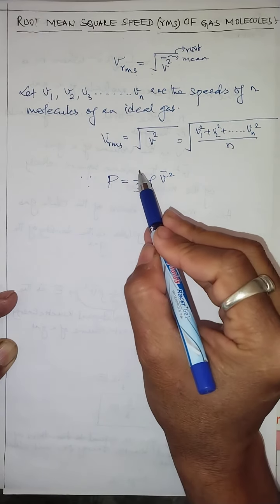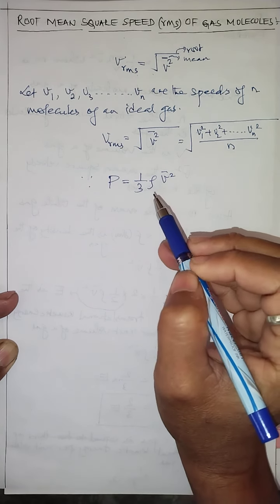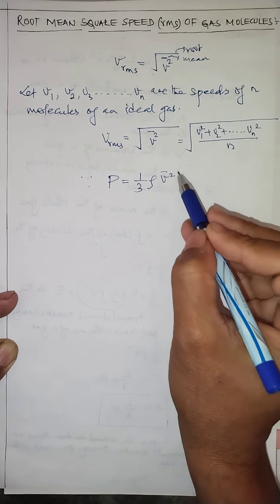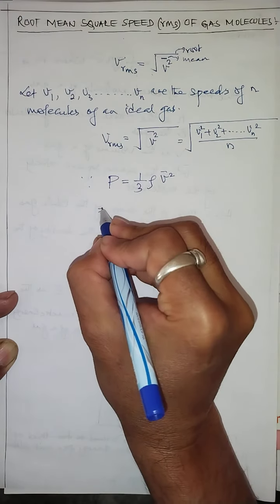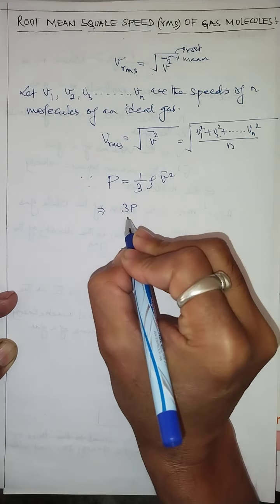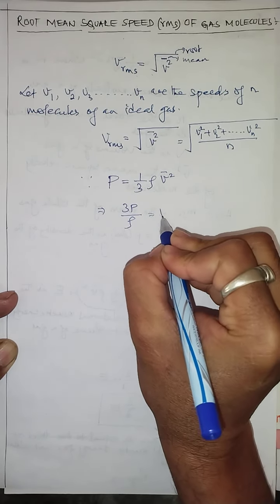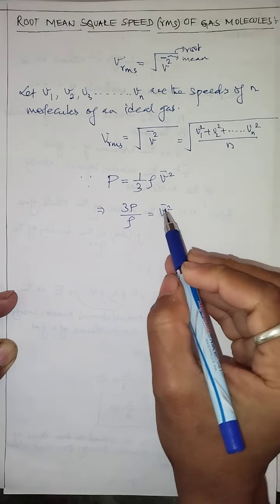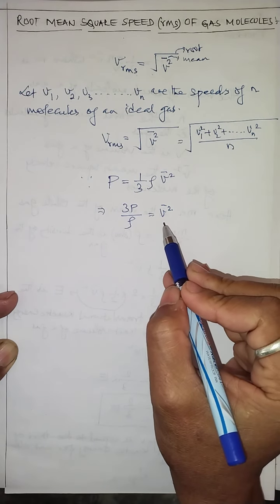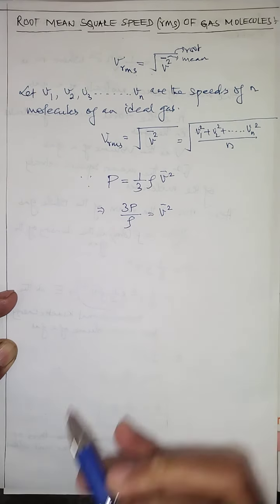P equals 1 by 3 rho mean square speed of the gas. I'll make the mean square speed the subject: cross multiplying, 3P by rho equals the mean square speed or velocity of the gas.